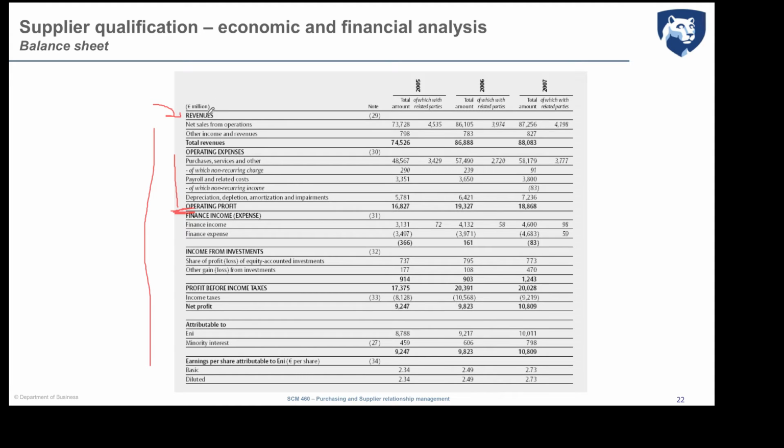The difference between revenues from products and operating expenses is named operating profit, or operational margin on market activities.